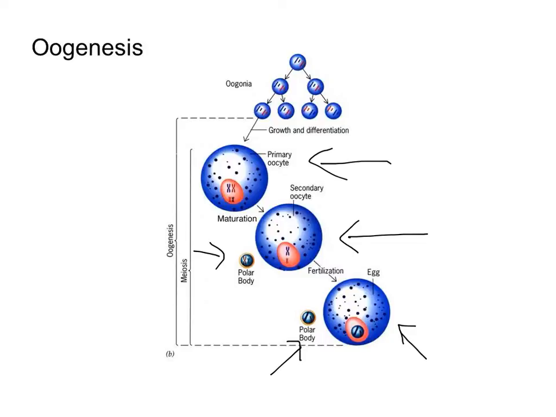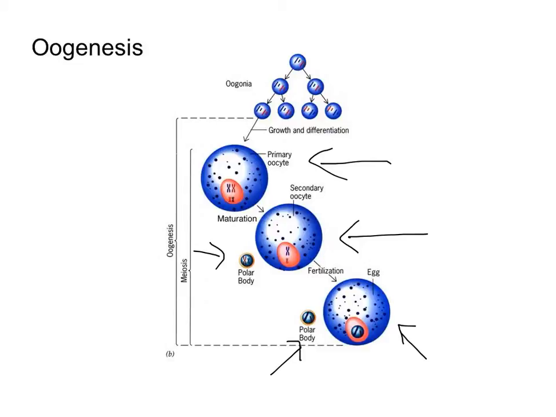So at the end of oogenesis, egg production, you only end up with 1 viable cell rather than 4. But the cell has still gone through 2 division processes to result in reduction of chromosome number. So ultimately, this cell will still be haploid. The polar bodies that are produced from those 2 events will get absorbed and destroyed by the body, and we're left with just one viable egg.